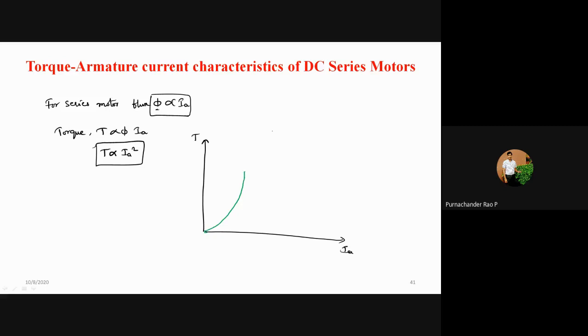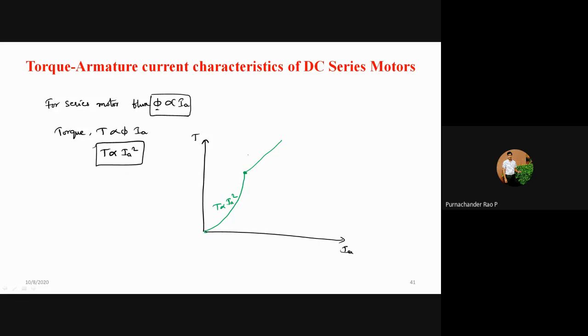Here, after reaching a certain point, if you go on increasing the current, your flux may not increase. Up to this point, your torque is proportional to Ia square. Once it reaches the saturation point, your flux is going to be constant.